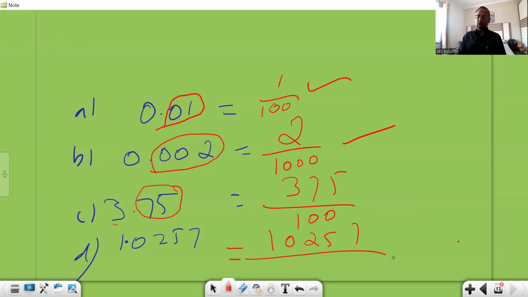10.257 is 10257 divided by 1, 2, 3, 4. We need 4 zeros, that means 10,000, not 3 zeros.